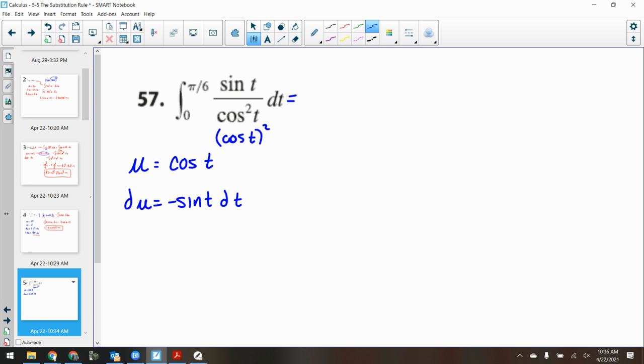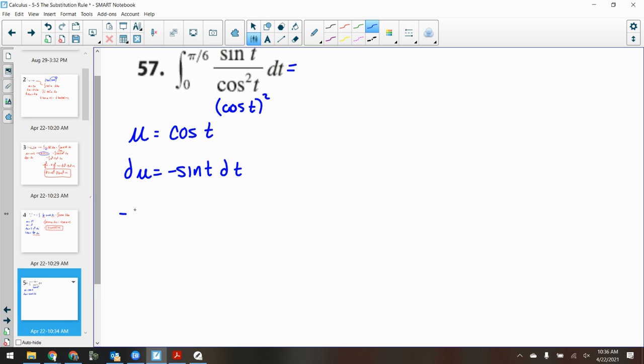Okay, so we got du is equal to negative sine t dt, which is good because don't I see a sine up there? So we got negative du is equal to sine t dt.